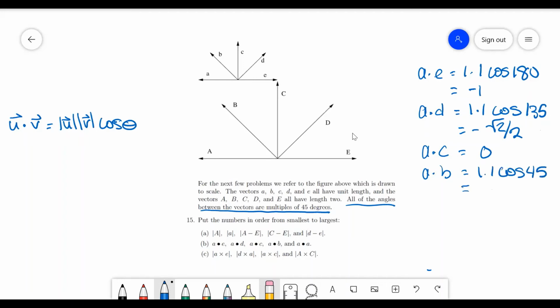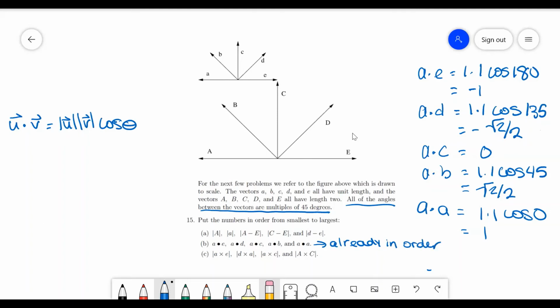Cosine of 45 is √2/2. So that's what we get for A dot B. And then finally, A dot A is equal to 1 times 1 times cosine of 0. Cosine of 0 is 1, so that's just 1. So it actually turns out that all of these were already written in order. So let's put that here.